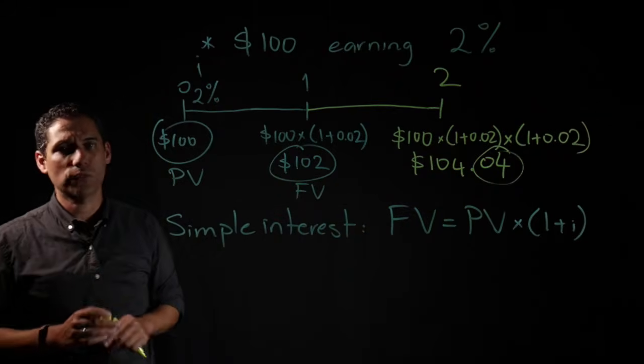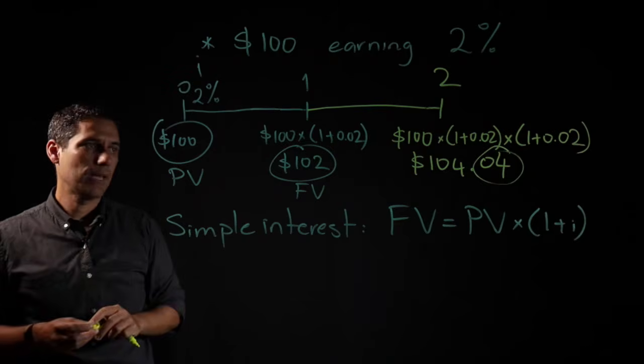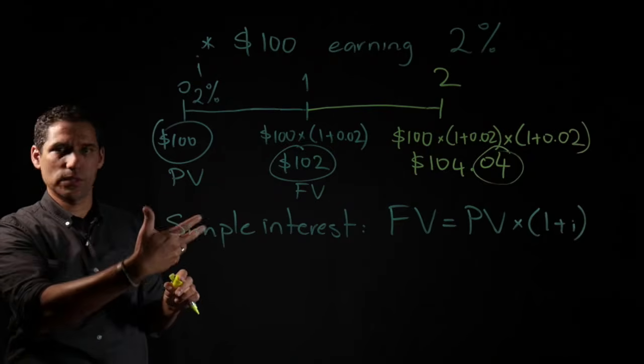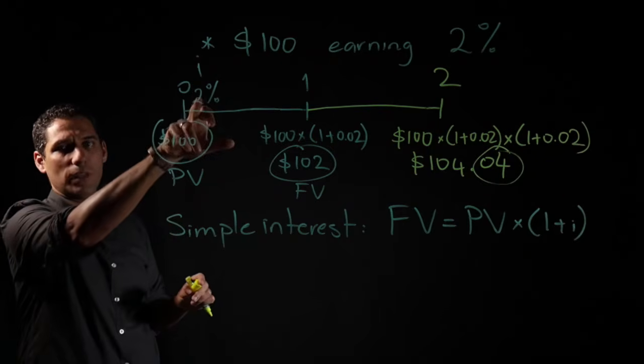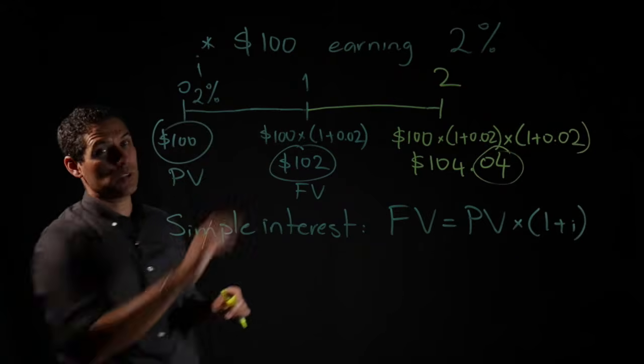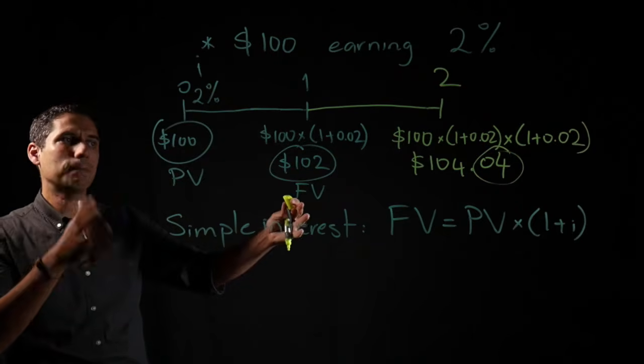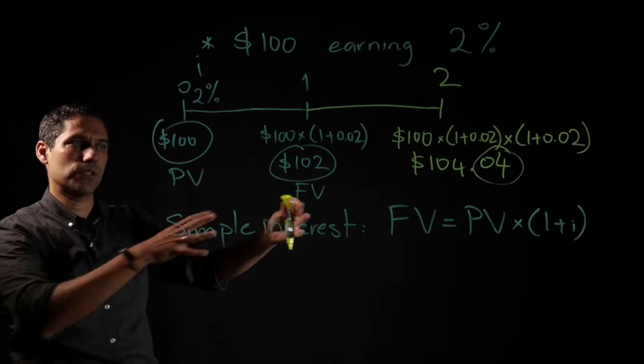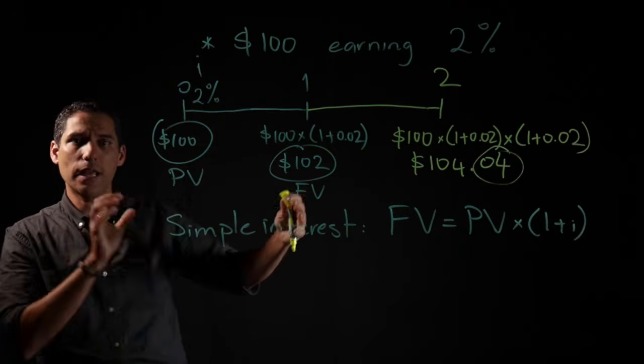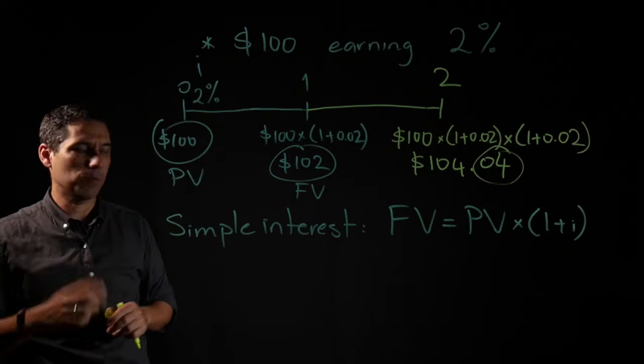So we ended up with $104.04. That amount, the compound interest, doesn't seem like much because we are talking about a very low interest rate and just one extra year. But over long periods of time, that compound interest idea will really kick in and the effect will be much greater.